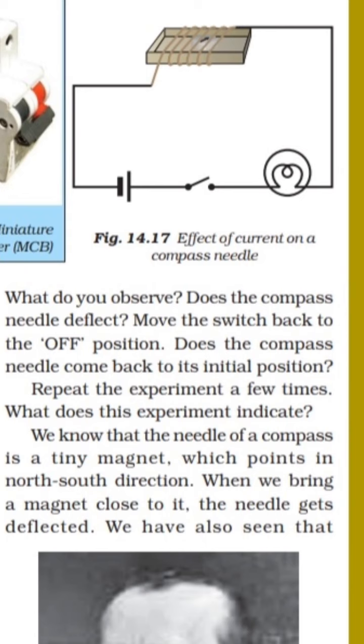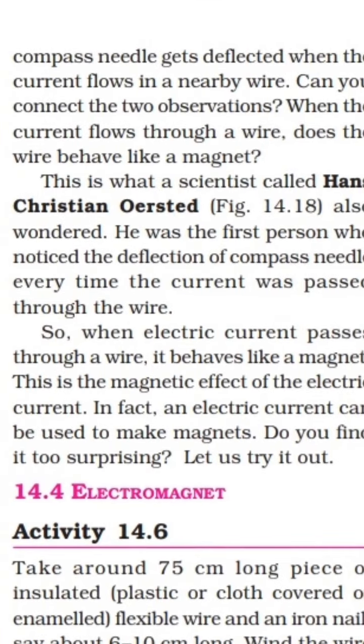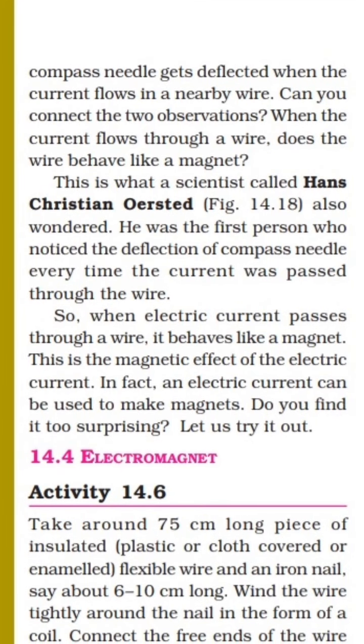When we hang it in the open area, it will show the north-south direction. When we bring a magnet close to it, the needle gets deflected because both magnets are there. We have also seen that the compass needle gets deflected when current flows in a nearby wire.